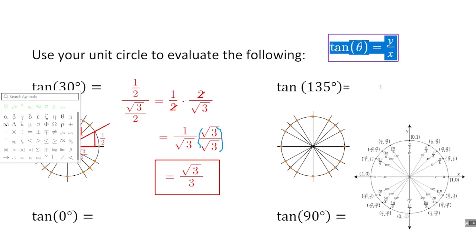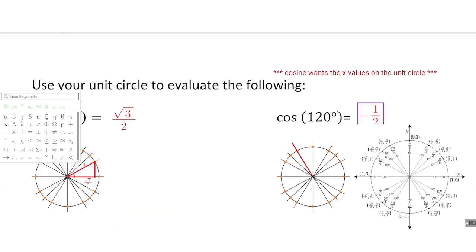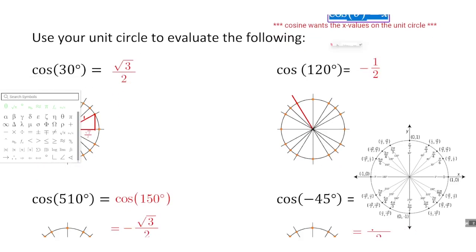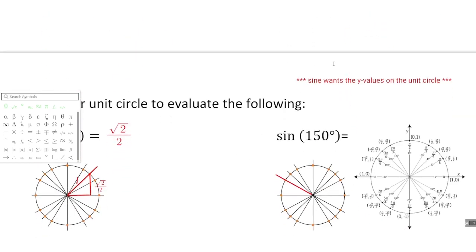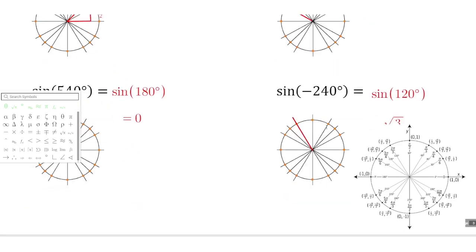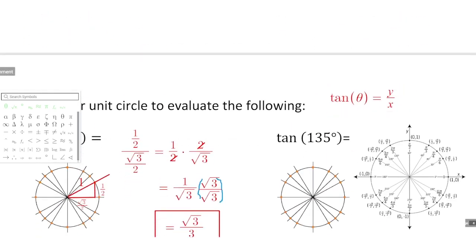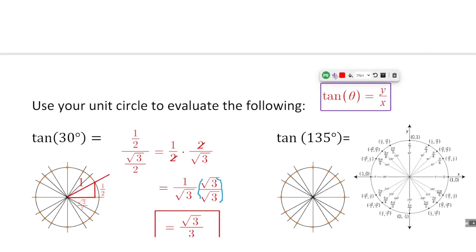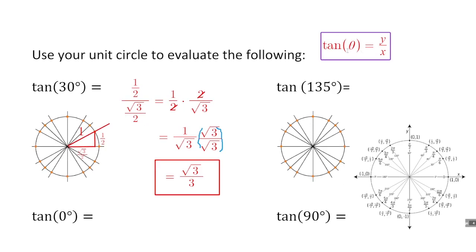If we make a similar statement for sine and cosine, cosine is just equal to the x coordinate, because it'd be x over 1, and sine of theta would be just y. So since tangent is y over x, we can also say that tangent is really just sine divided by cosine. We're not going to deal with that quotient identity quite yet. We'll get to it in one of the coming units.